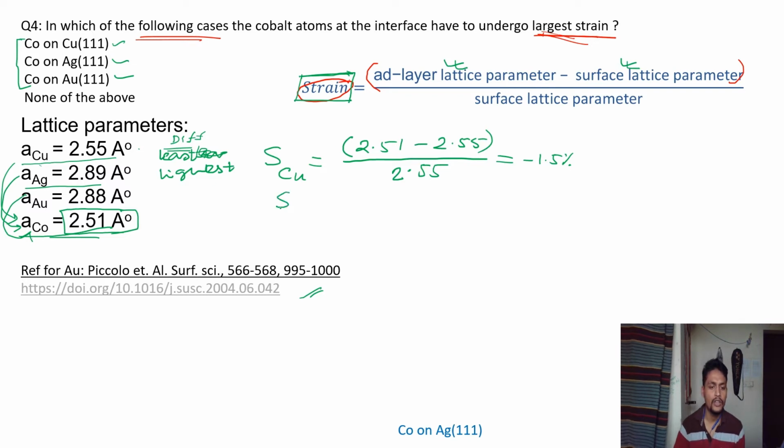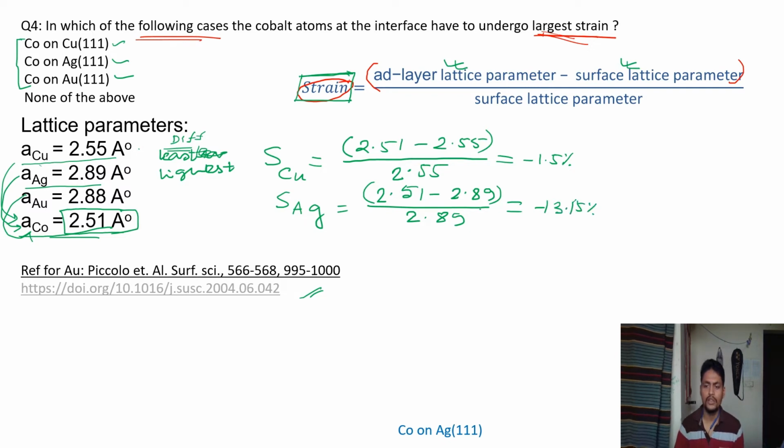And now if you calculate it for Ag, so obviously it will be 2.51. Sorry, you can see there is a large difference, and it will come to around 13.15%, right there.